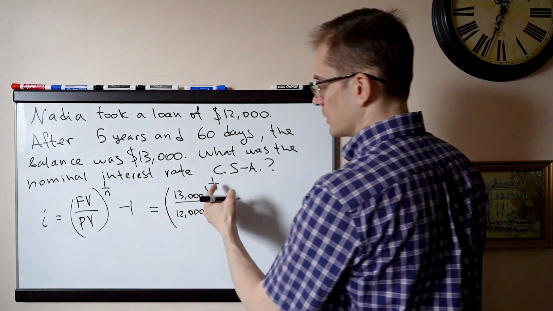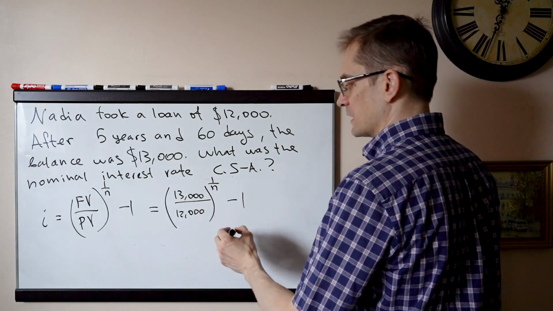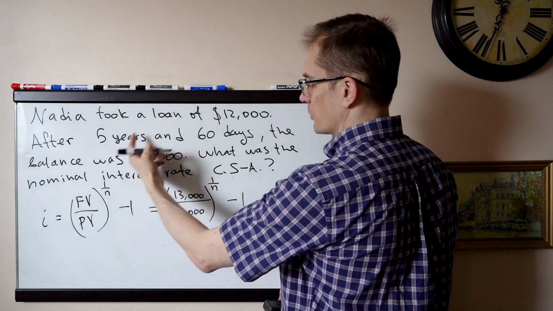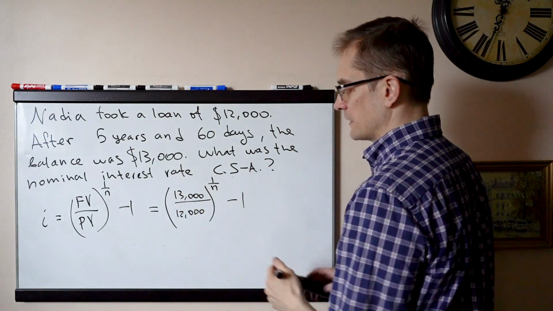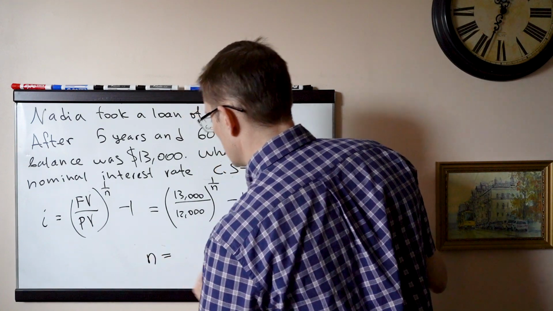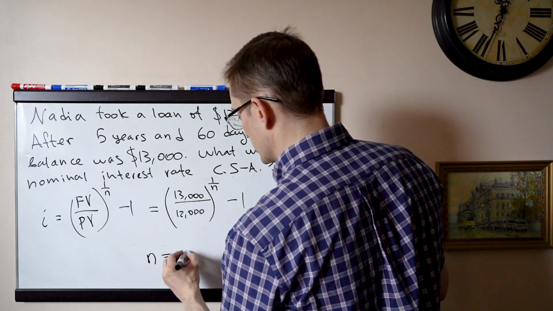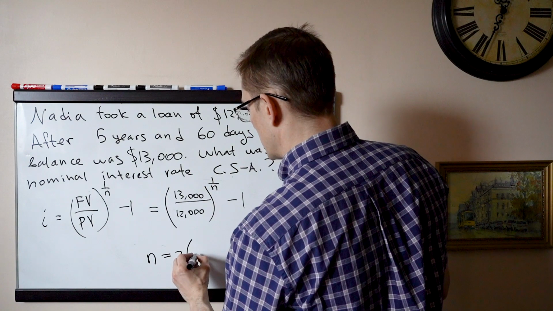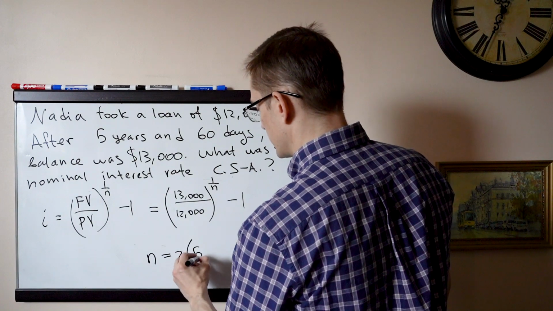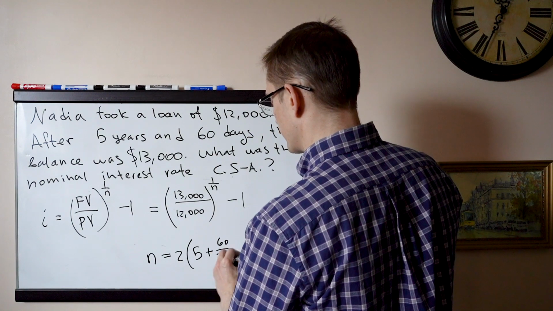1 over n. I will actually keep n as the letter n for now. Why? Because I'll compute it separately, since it's a little more stuff to write in this formula, which would make it overcomplicated. So n is going to be 2, because it's compounded semi-annually, multiplied by the total number of years, which is 5 plus 60 divided by 365.